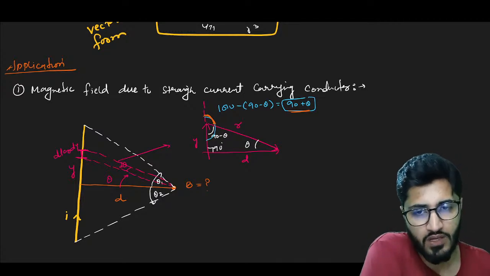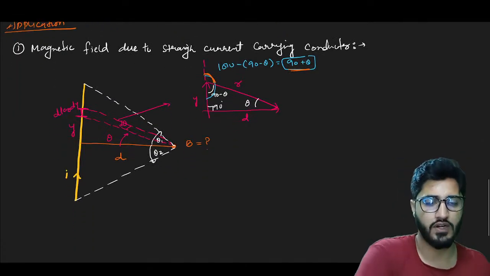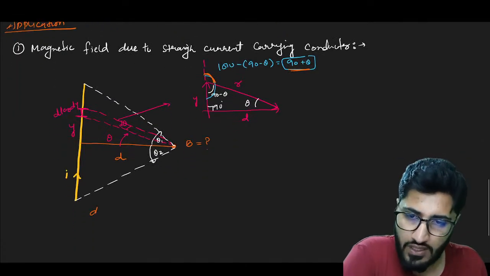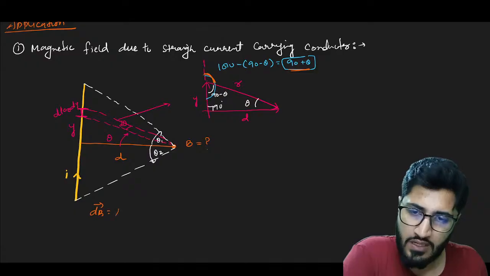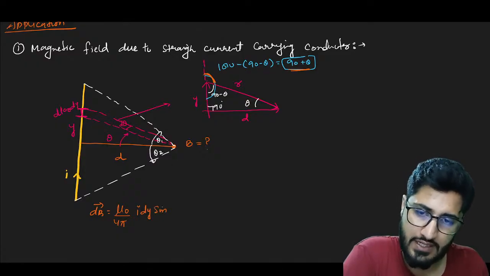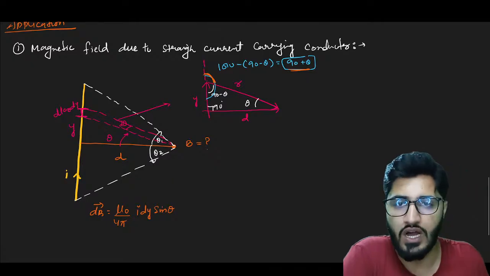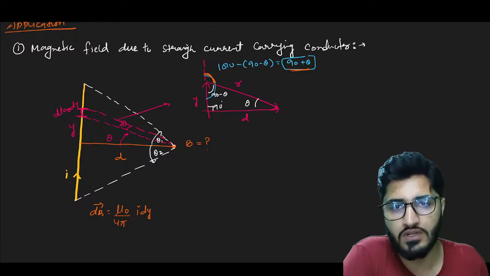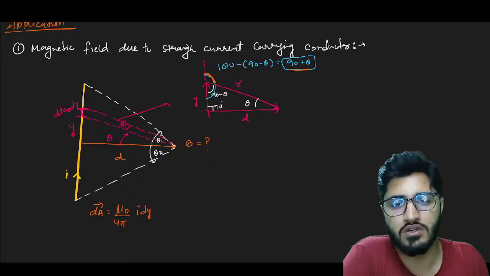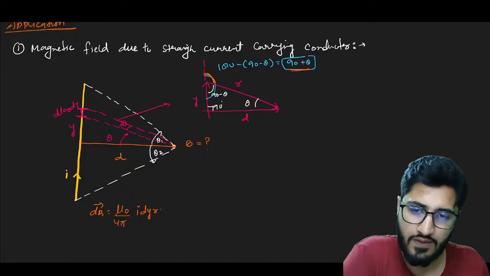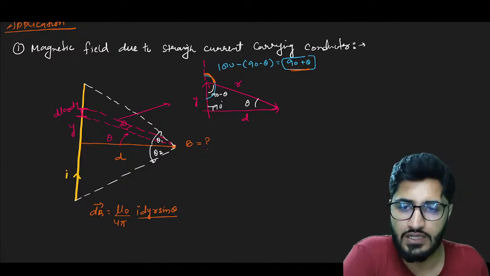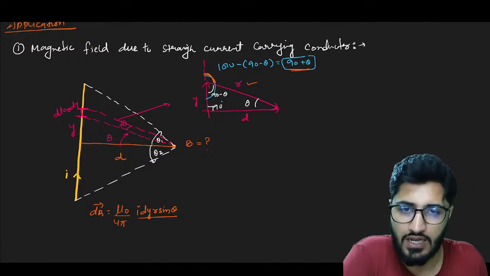So if you want to write the Biot-Savart law, dB is μ₀ divided by 4π, I dl or dy, no issue, then sin θ, and we have r also now. It is I dy r sin θ whole divided by r square.